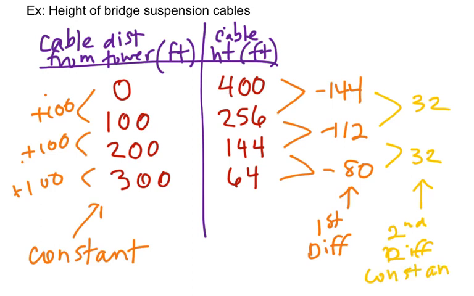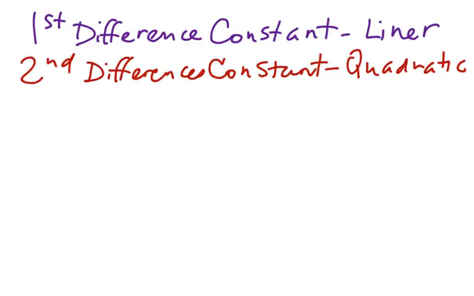And when second differences are constant, you're looking at a quadratic relationship. So, if first differences are constant, you're looking at a linear model. If second differences are constant, you're looking at a quadratic model. And again, for this to work, you always have to have your input or your x values increasing at a constant rate. Let's look at another problem though.